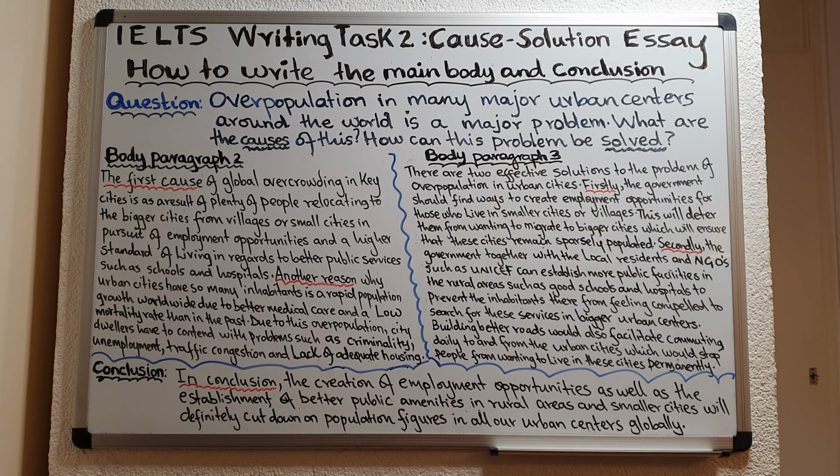Now, introduce it using a linking word. Like in this case, I have used "another reason why urban cities have so many inhabitants." Inhabitants are the people who live in a particular area.